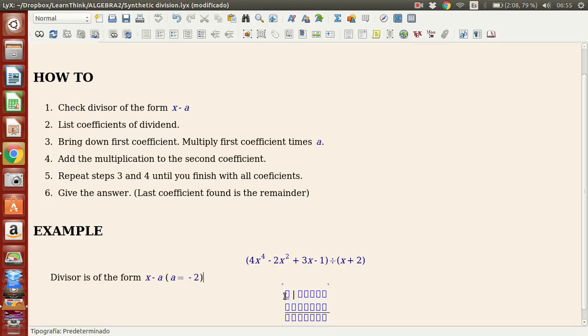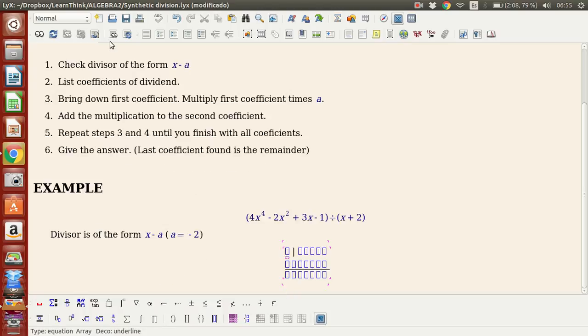Now, list coefficients of the dividend. By notation, we're going to write a in the corner of our organization, negative 2, and we're going to put it inside a half square to know that this is a.